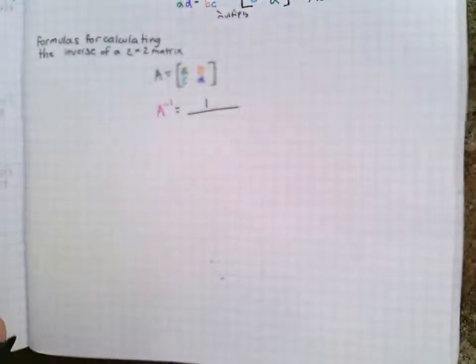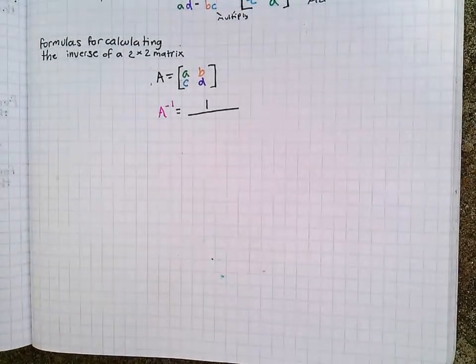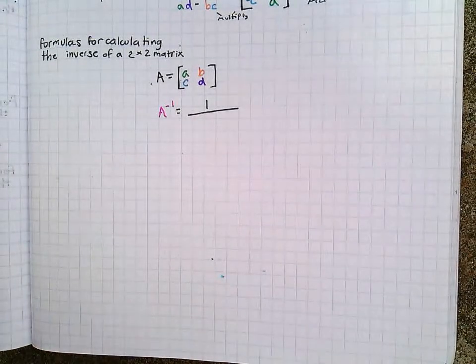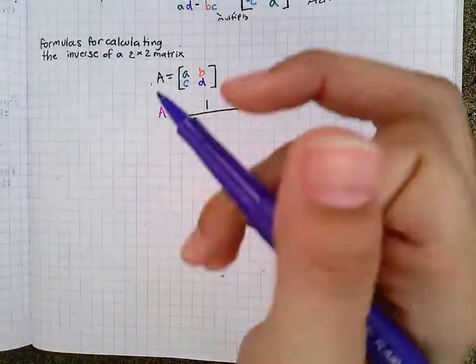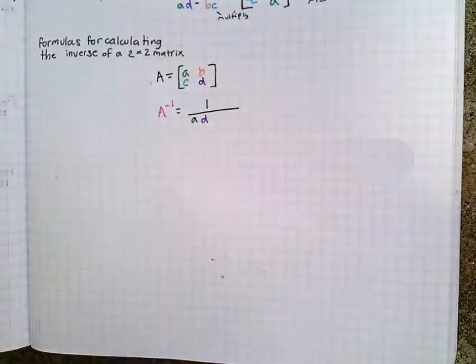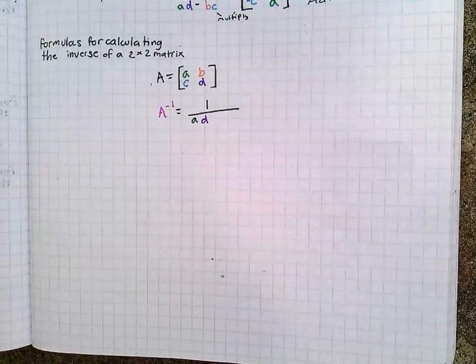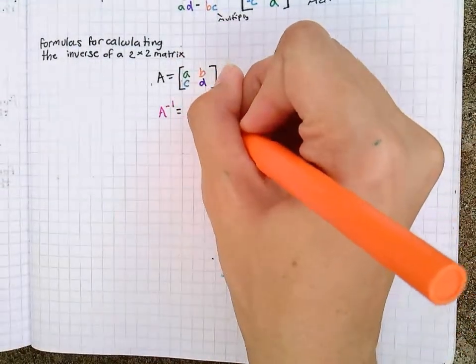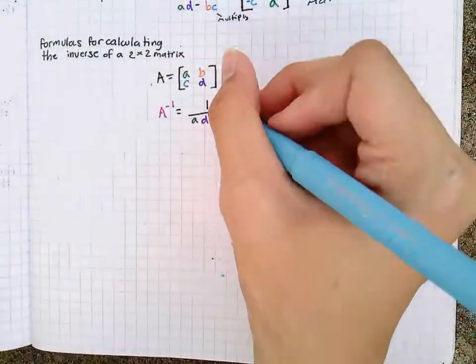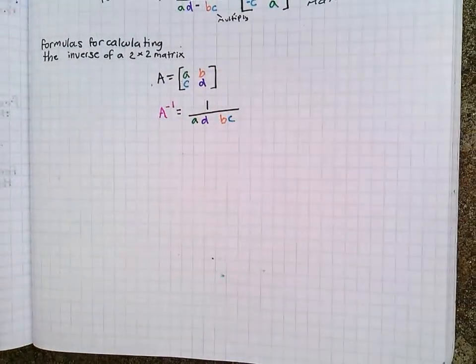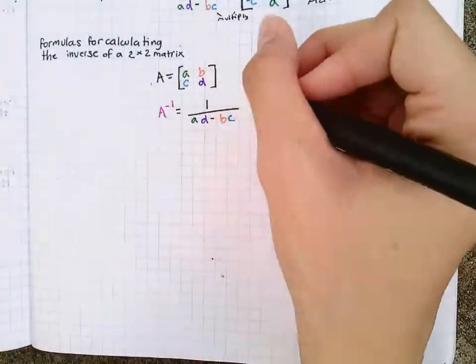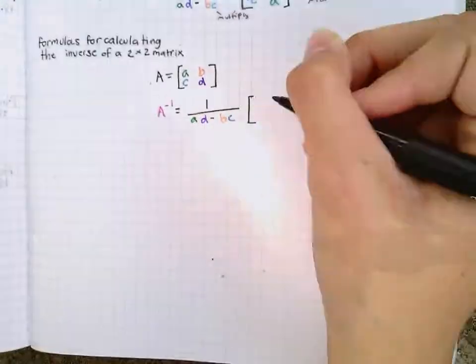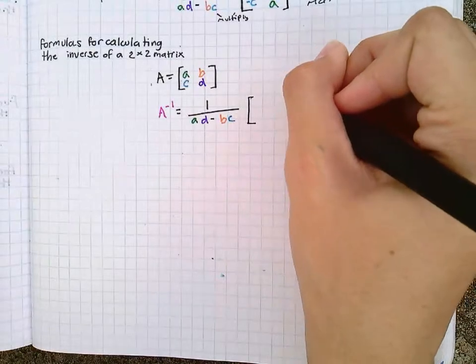This is your determinant, multiplied by your inverse matrix.